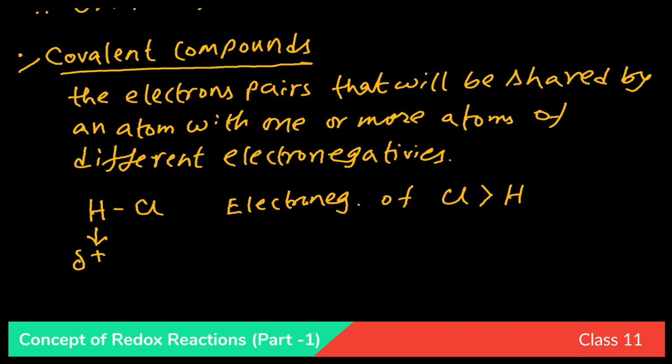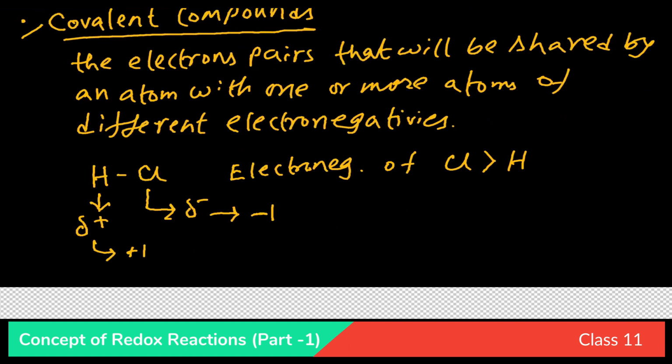That means for HCl, this delta value will be equal to +1. And Cl will carry some sort of a delta minus charge, that means negative charge. For HCl, this delta value is equal to -1. So what we can tell from here is in HCl, the oxidation number of hydrogen is +1, and for chlorine it is equal to -1.